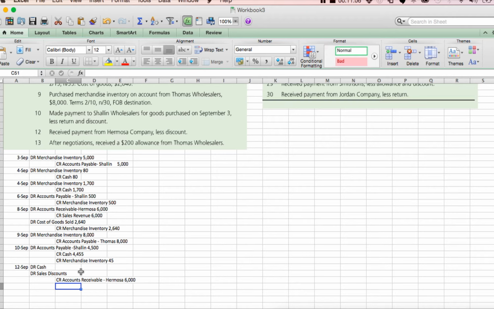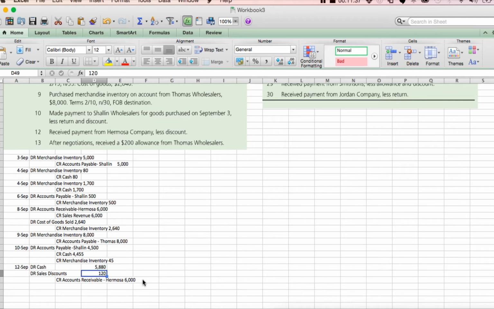We know we gave them a 2% discount, so the cash we get is going to be 98% of this $6,000. Our sales discount is going to be 2%, or in this case, $120. So cash will be $6,000 minus $120, so that's $5,880.